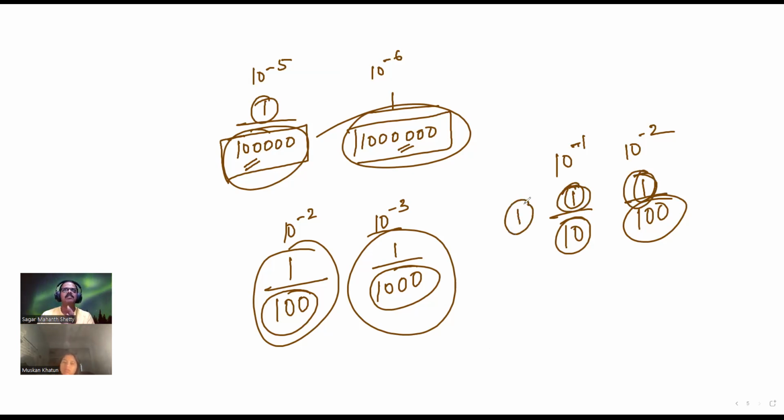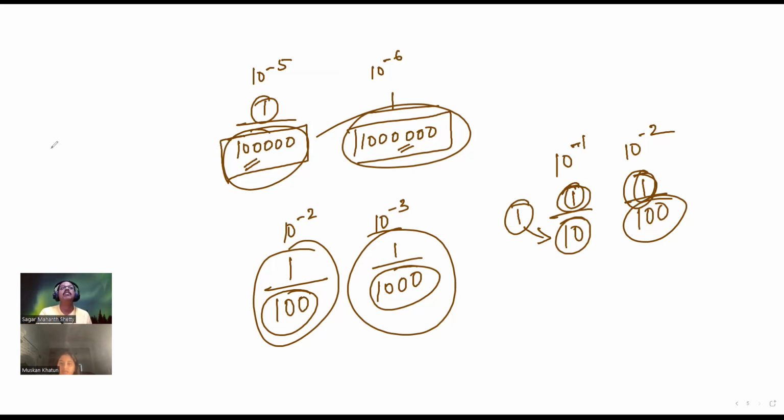In the first case, I'm cutting that apple into 10 pieces, so the size of the pieces is going to be larger. Here the same apple has been cut into 100 pieces, so the size of each share would be smaller.